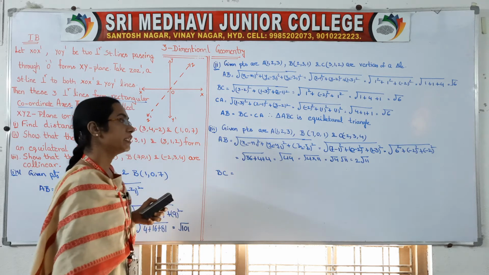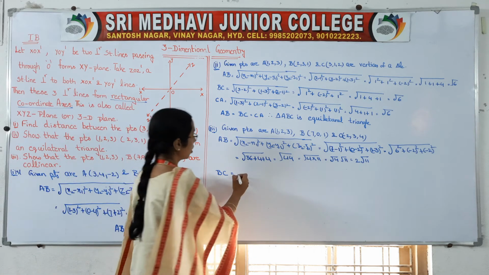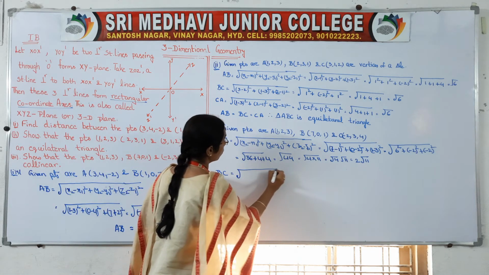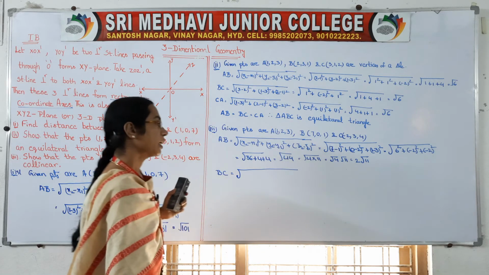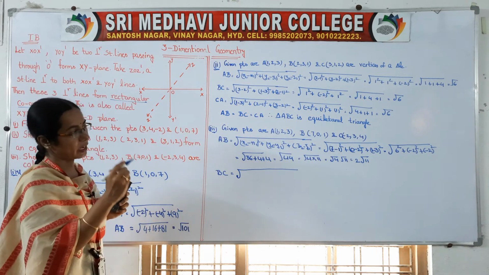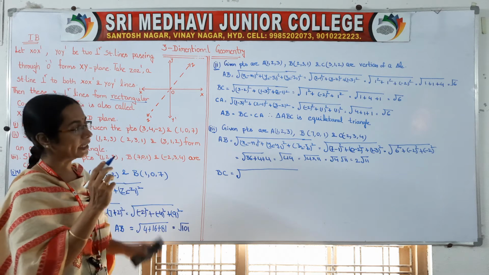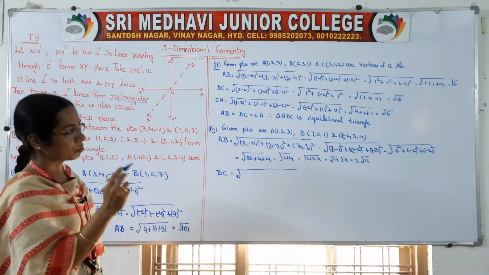BC is equal to, no need to take the formula. Consider B as x1, y1, z1 and C as x2, y2, z2.